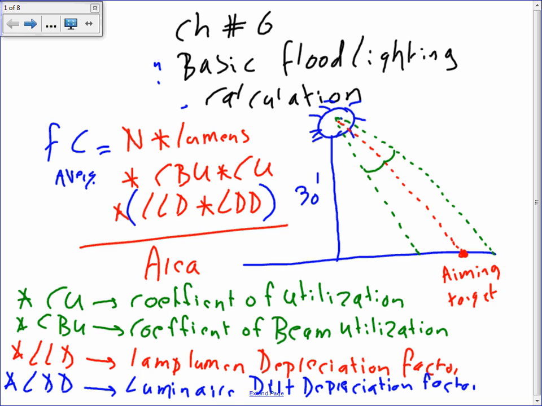Light loss: LLD, lamp lumen depreciation factor, how much you lose out of your lumens over the life of the fixture, and LDD is called lumen dirt depreciation factor. For those of you who were here when we did chapter 4, we did LLD and LDD and a bunch of other factors. Okay? Any comments, any questions? Let's go to the next, do a calculation.